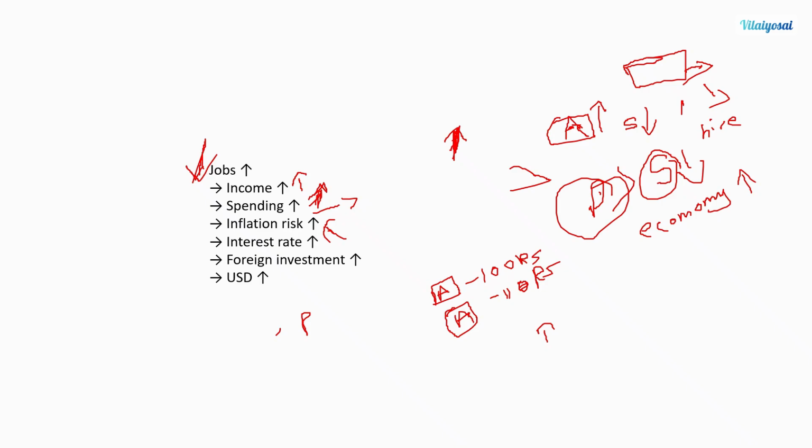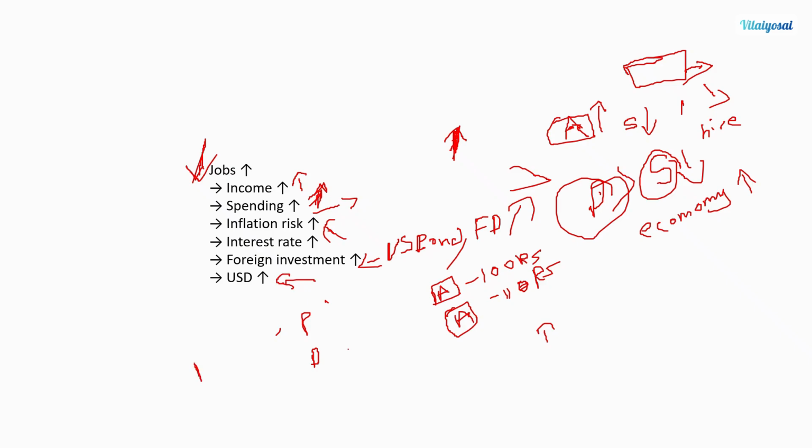If the interest rate is raised, investment in bonds, US bonds, and fixed deposits also rises. People move to bonds and fixed deposits. They deposit their money in the bank, and then the USD will be strengthened.